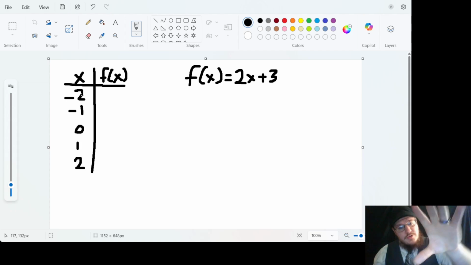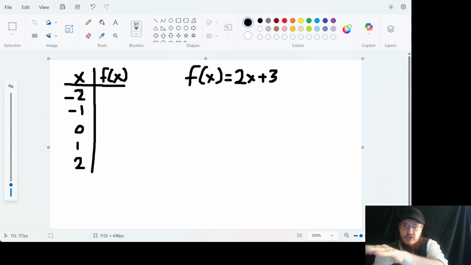Now, what we're going to do is take our x values here, -2, -1, 0, 1, and 2, take each one individually, plug it into our function, and then solve for that function, okay?